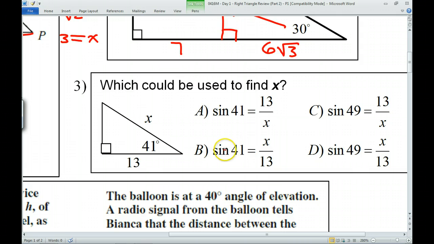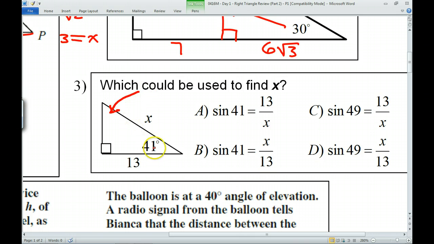Is there nothing we can do? Well, the problem is we're using the 41. But looking at options C and D, you see the 49. Where do you think this 49 is coming from? Well, look at this other angle over here.